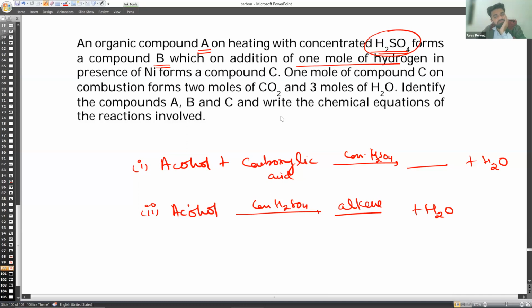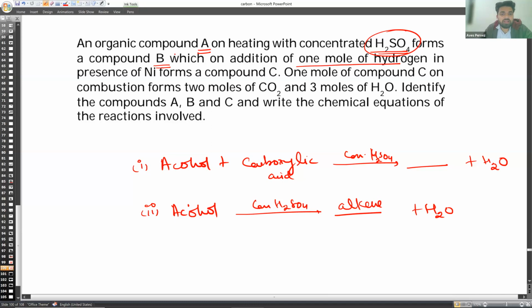Which one is correct for this one? Not first. It should be second.